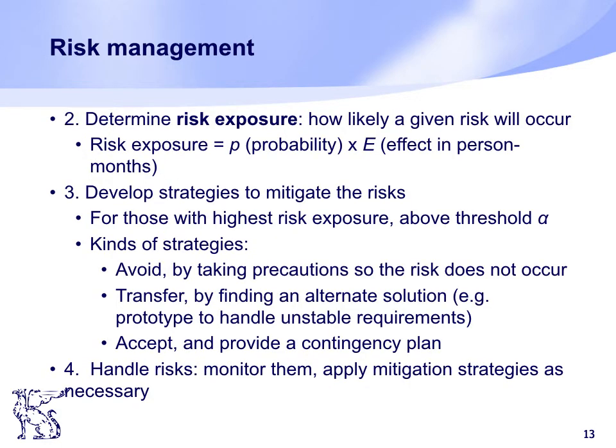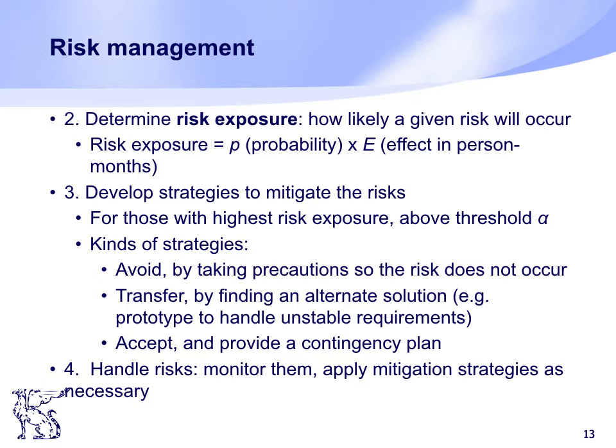Now, after identifying the risk, the level or likelihood, or you can say percentage, and impact of the risk should be analyzed. You have to determine the risk exposure: the probability or possibility of the risk, and also what could be the impact of the risk.